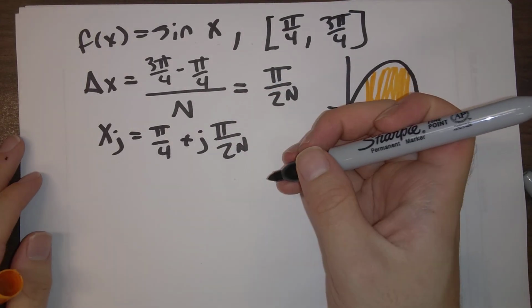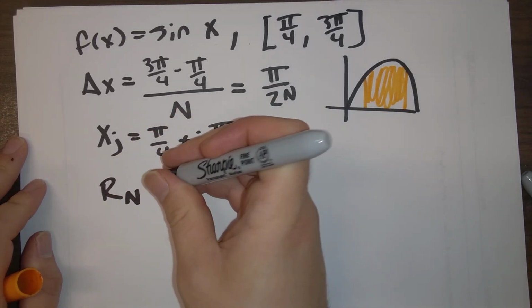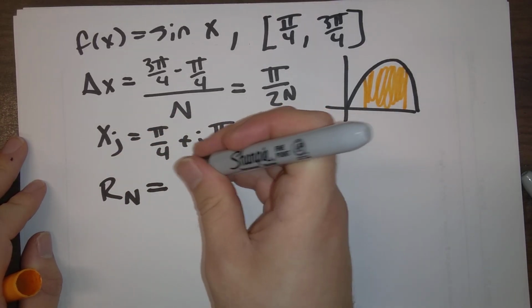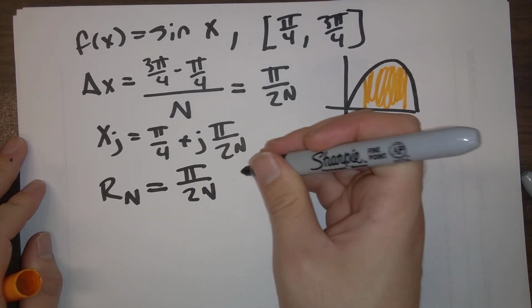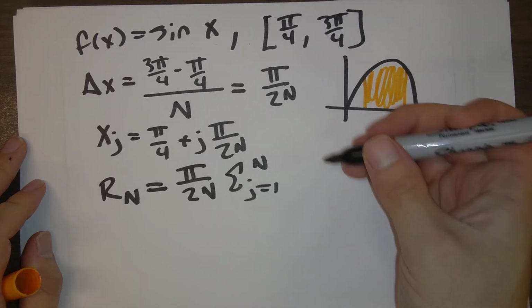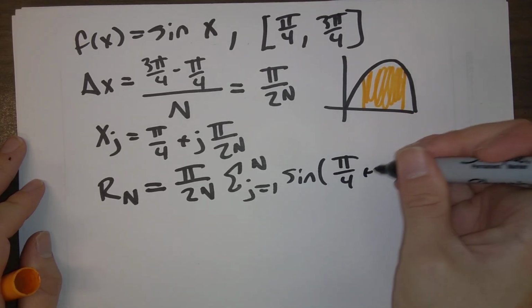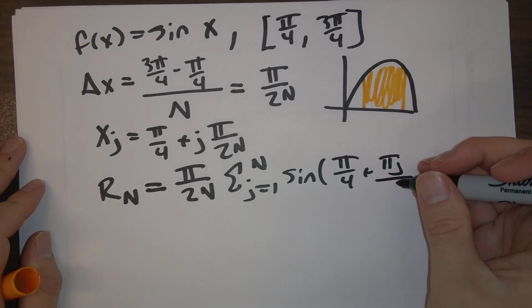And if you write out what our r sub n is here, it's delta x times the sum from j equals 1 to n of sine of pi over 4 plus pi j over 2n.